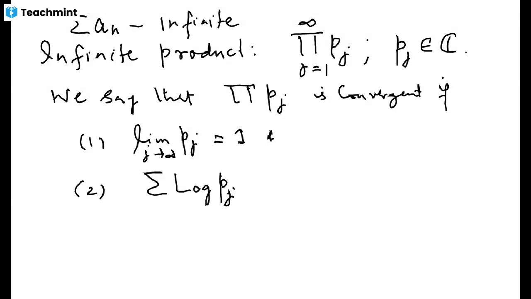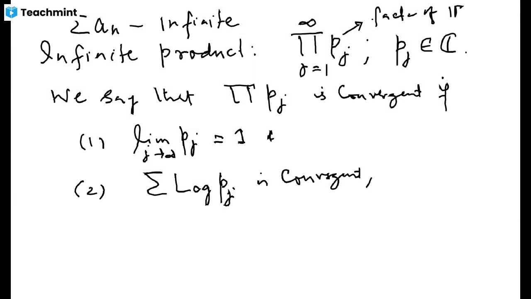This pj is called the factor of the infinite product. So we have to take the principal log of each factor and then sum them. And if this series is found to be convergent, then we say that the infinite product is convergent.